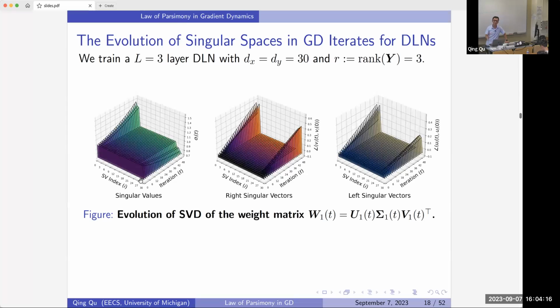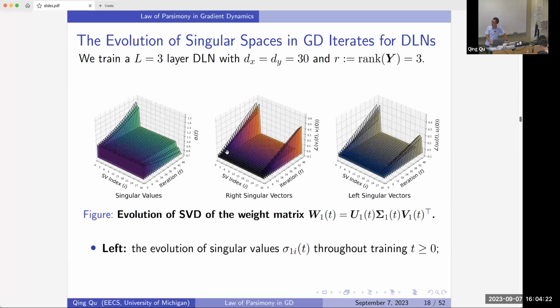And this is about the singular values. So how about the singular vectors? In the middle figure, we are measuring the correlation, the inner product, between the left singular vectors and the initialization.